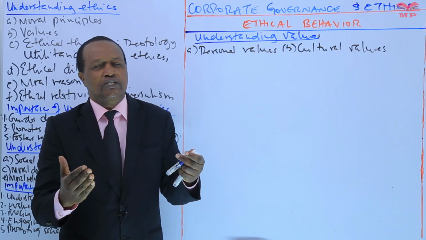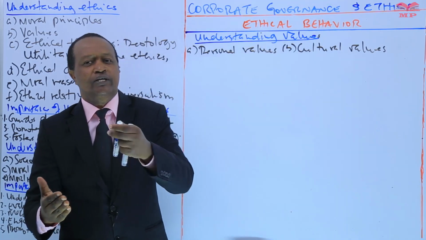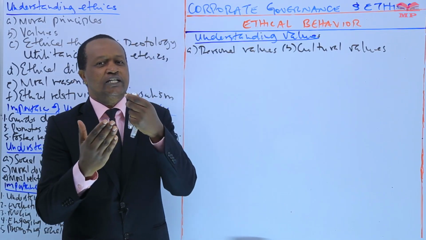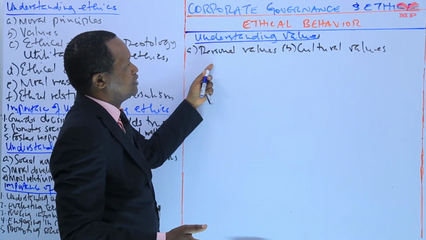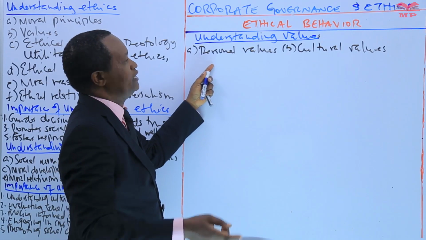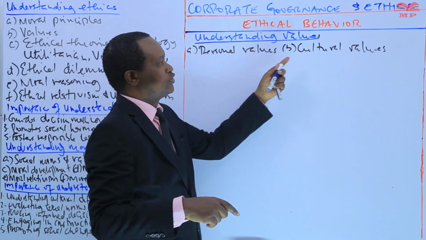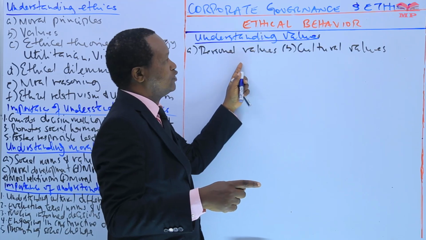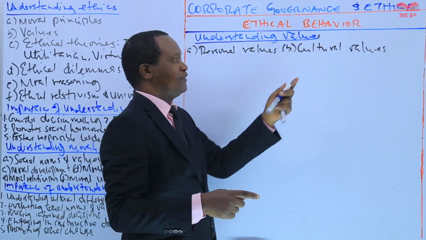Cultural values can shape our understanding of acceptable behavior, social roles, and even the expectations of the society. So these were individual values, and these are societal values. To understand values, we need to have knowledge of the individual values and community values.